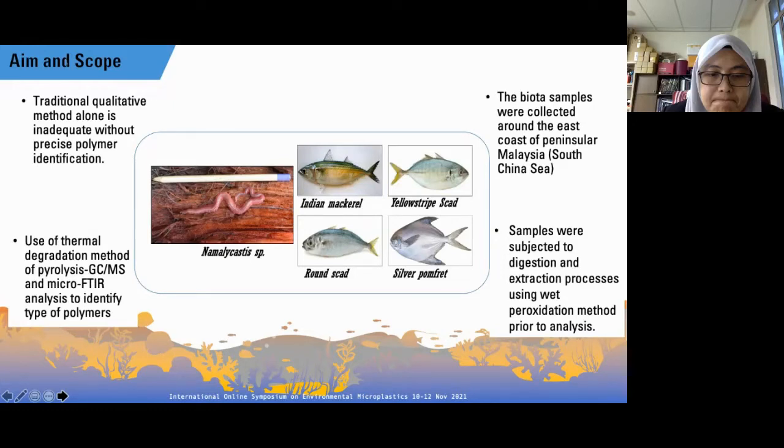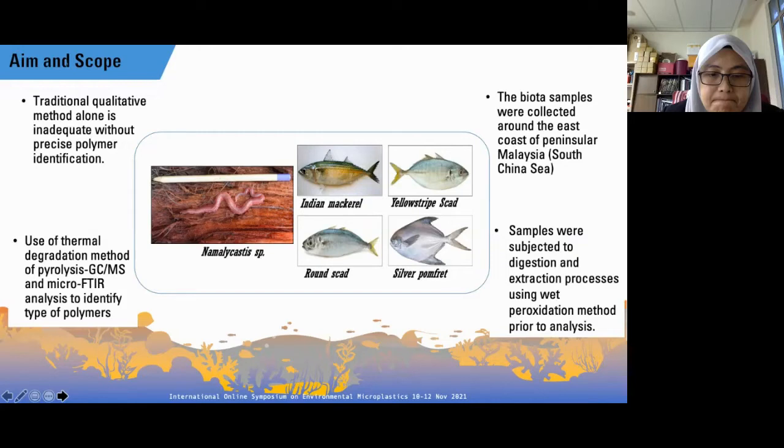So in our case, we opted to use the thermal degradation method of pyrolysis GC-MS, and we also used micro-FTIR analysis in order to identify the type of microplastics in two different biota matrices, polychaete and fish tissues.